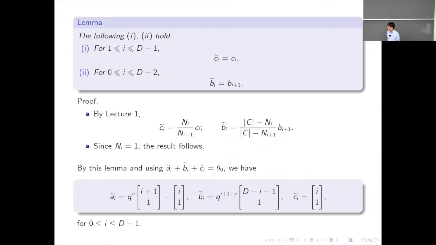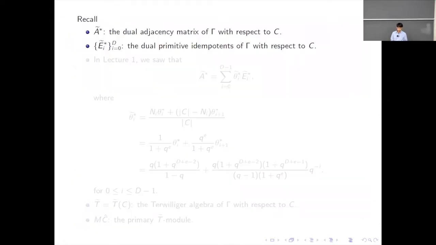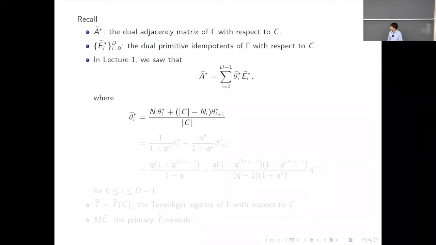So we also obtain the formula for ai tilde, bi tilde, ci tilde in terms of q, e and d. So we recall A star tilde, the dual adjacency matrix with respect to C, and Ei star tilde, the dual primitive idempotent with respect to C. And in lecture 1, we proved that A star tilde is the linear combination of Ei star tilde with coefficients theta i star tilde, which is given by this.